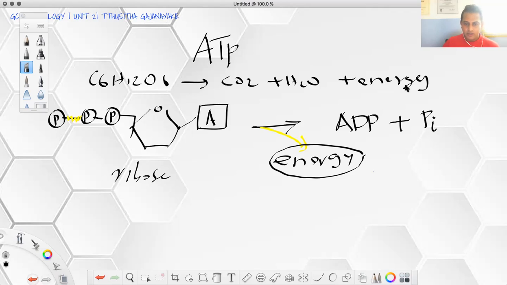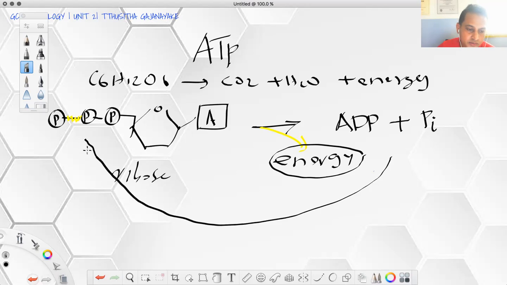Glucose breaks down to carbon dioxide and water and energy. So then as glucose breaks down, the energy released is used to form this molecule ATP. Here a large amount of energy is going out to make the ATP molecule. So we are learning in the next section, unit 2, aerobic respiration, how glucose molecules provide energy to make ATP molecules.